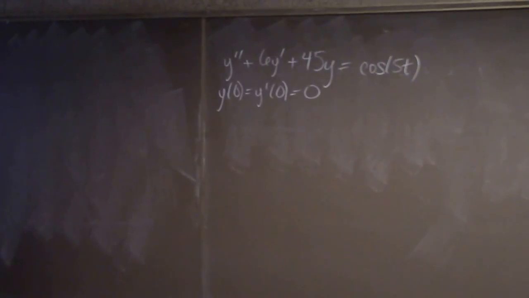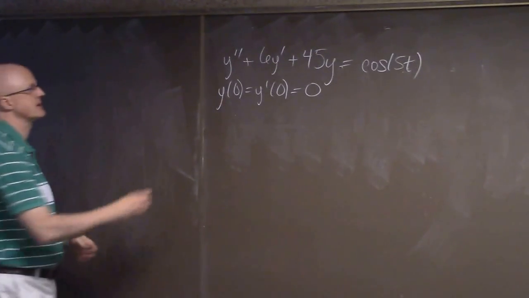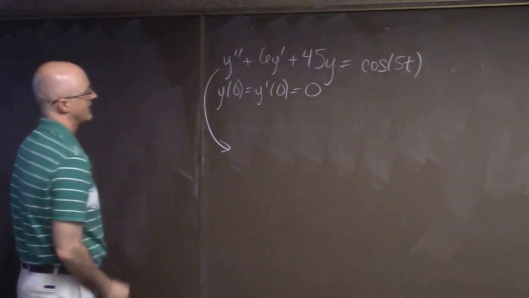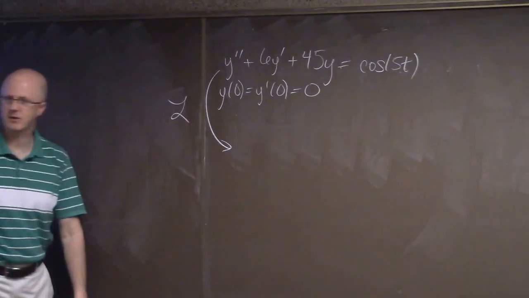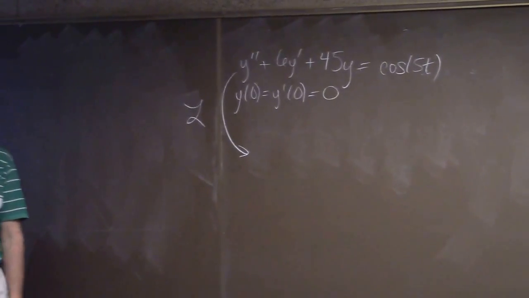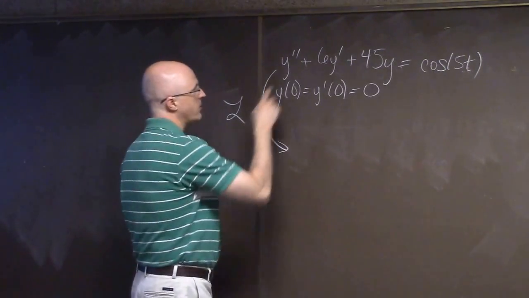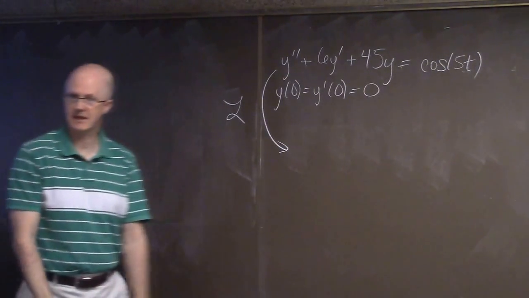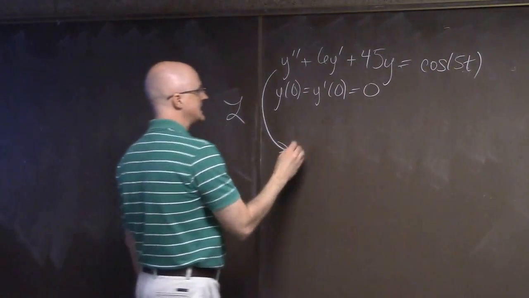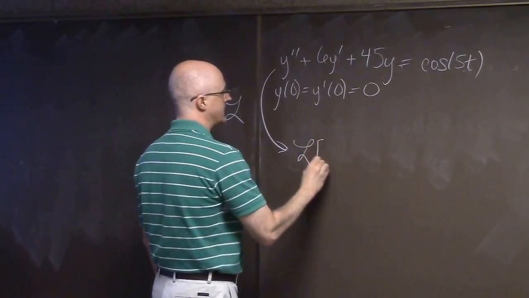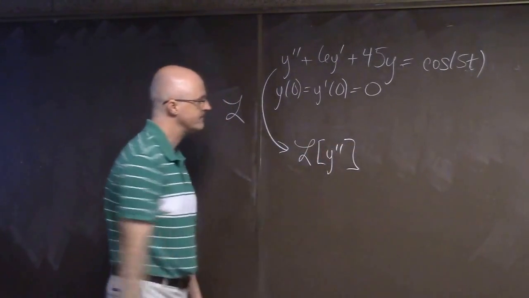All right. How might you approach this with Laplace transforms? Well, just like with first order equations, take the Laplace transform of both sides. Use linearity. The Laplace transform of a linear combination like that is the corresponding linear combination of the Laplace transforms.